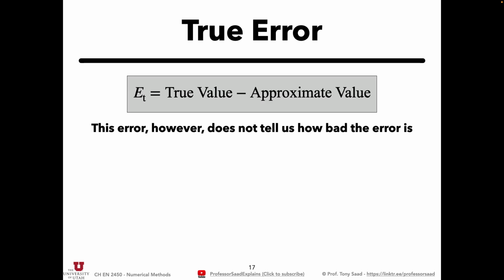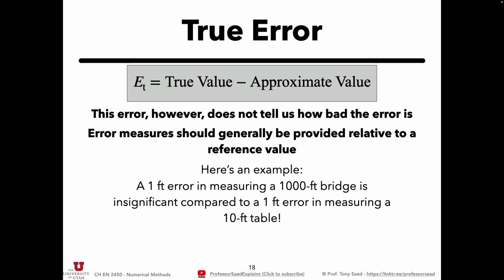I give you this example. A 1-foot error in measuring a 1,000-foot bridge is insignificant compared to a 1-foot error in measuring a 10-foot table. Because this error is 10% of the table. This error is 1/1000th of the bridge.